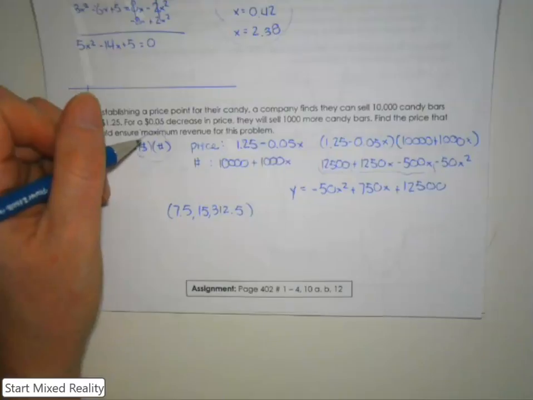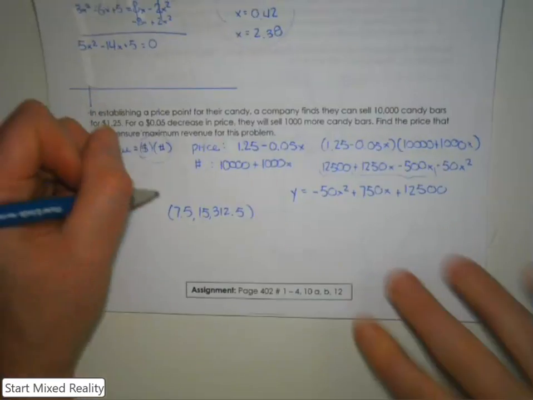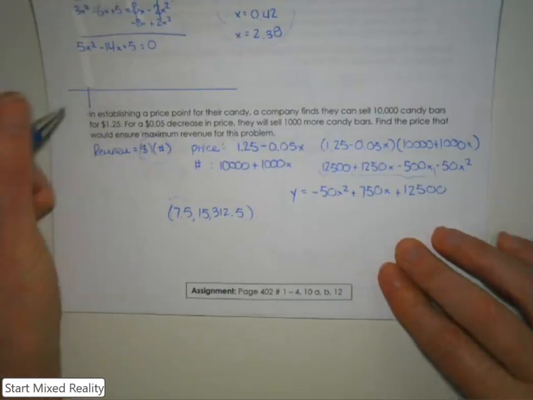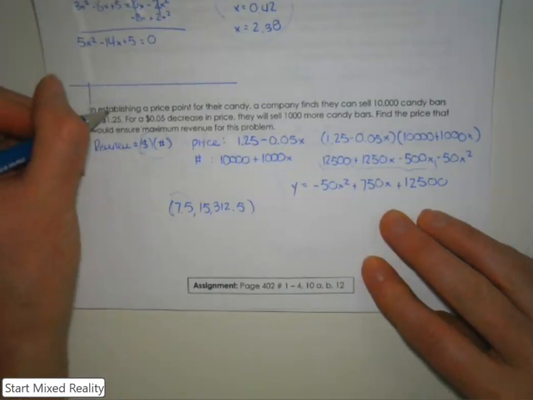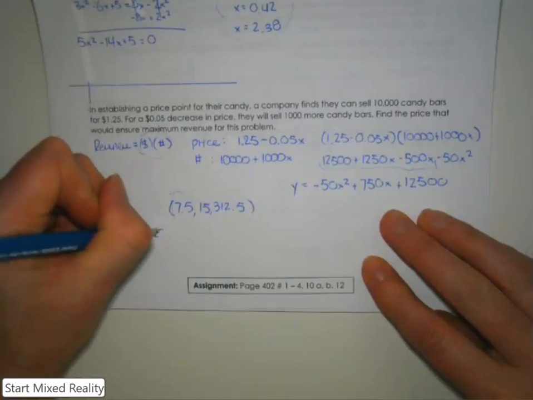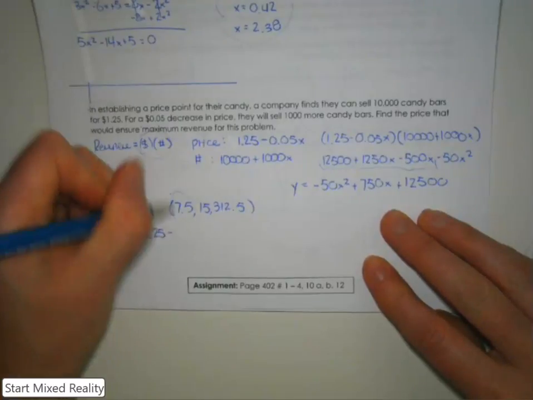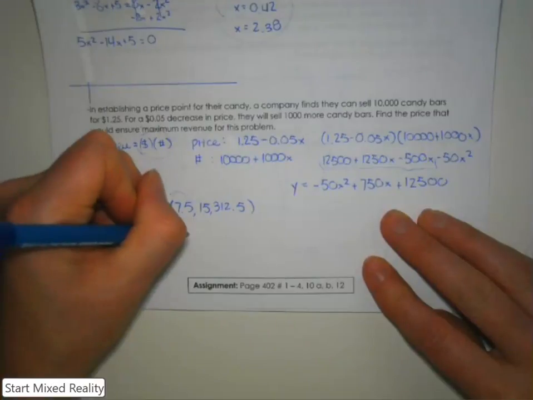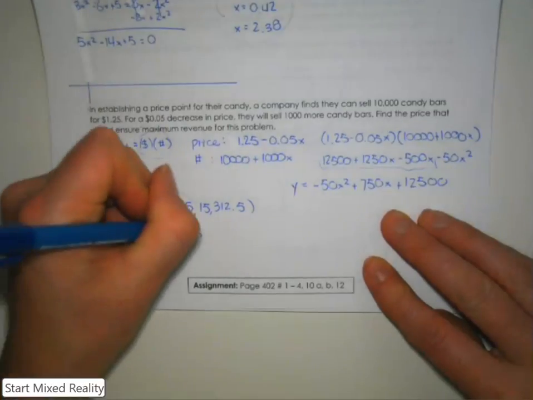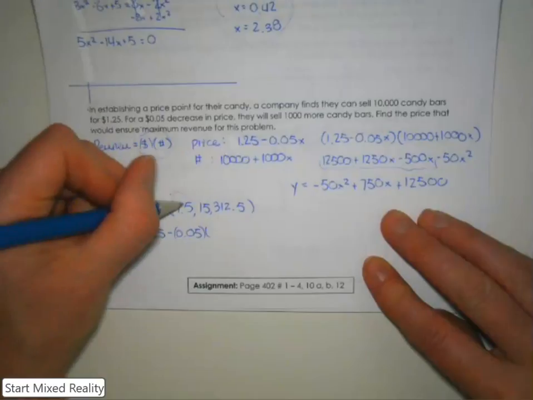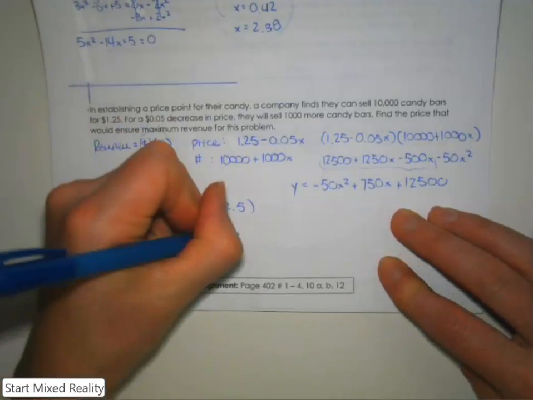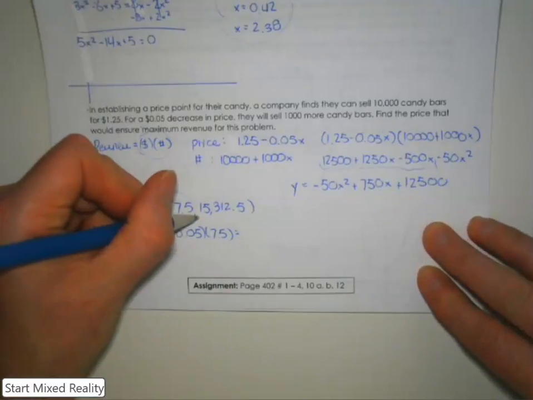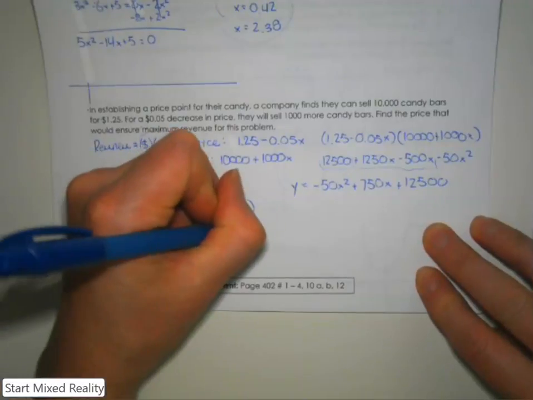So then we just need to interpret that in terms of real life. This is how many price decreases they would have to do to get their maximum revenue. So basically that means if they started at $1.25, they would have to subtract off 0.05 times 7.5 price decreases, which is going to give us 0.88.